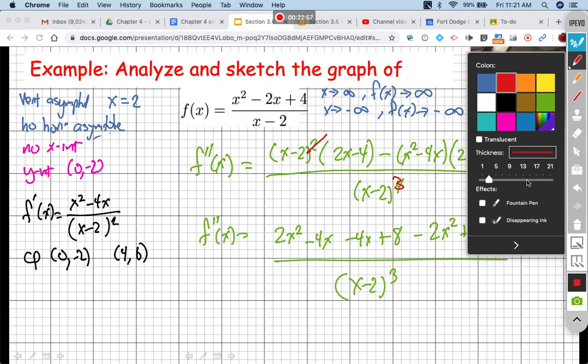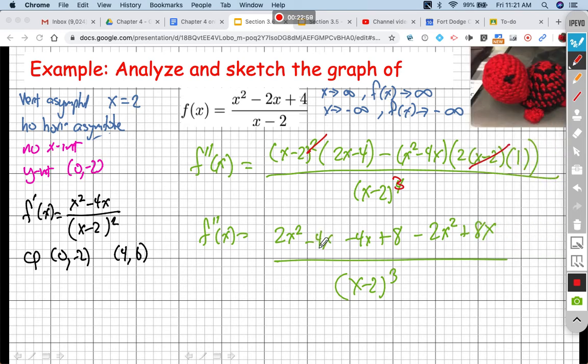And again, I look, anything minus 4x minus 4x plus 8x, 2x squared minus 2x squared, all cancels out.